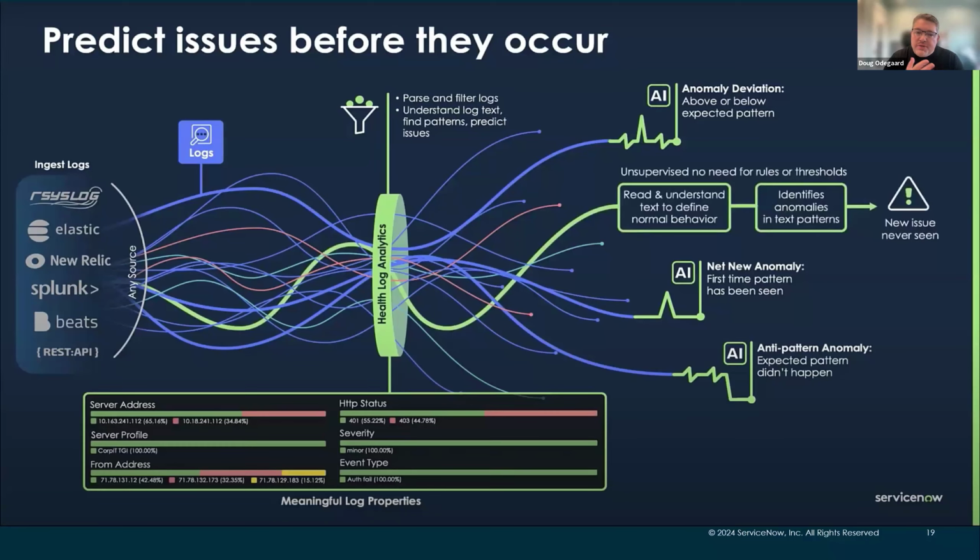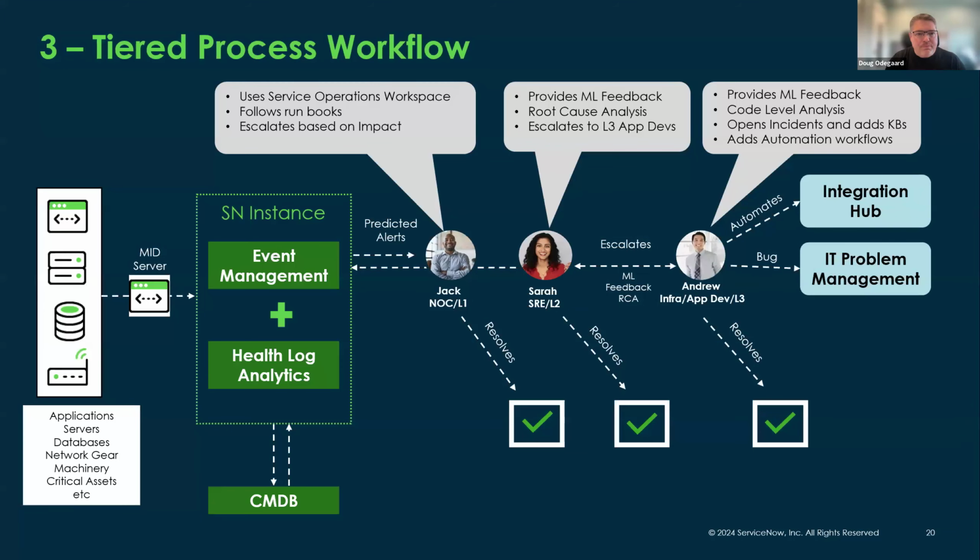So especially when you start with HLA, you'll be feeding in your logs and you may see some things where you think, gosh, I didn't know that happened. And then another one is what we call an anti-pattern anomaly, where it expected something and then it didn't happen. So those are some different types of ways that predictions can be made.